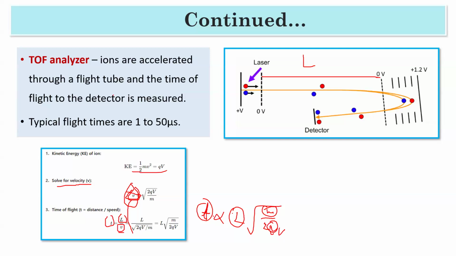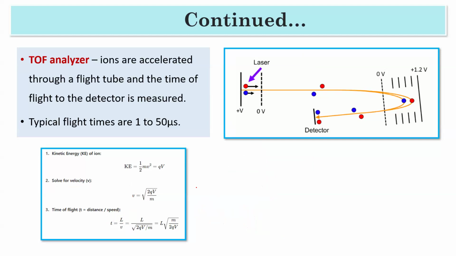So that's the principle of this TOF mass analyzer. Based on how much time your ions take moving from a starting point to the detector, you can know how much m by z will be.